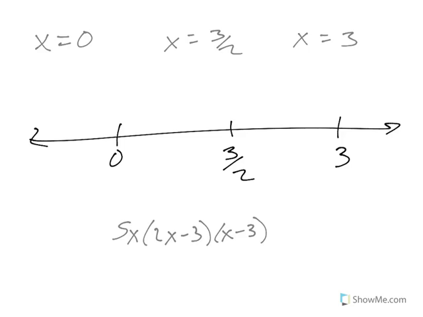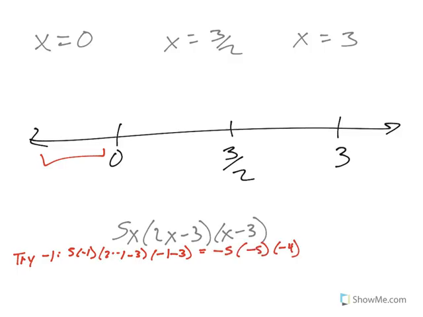I need to check a number in each of these intervals. To the left of 0, let's try -1. So 5 times -1 times (2 times -1 minus 3) times (-1 minus 3). That gives me -5 times -5 times -4. A negative times a negative times a negative is a negative. That's all I really need to know.